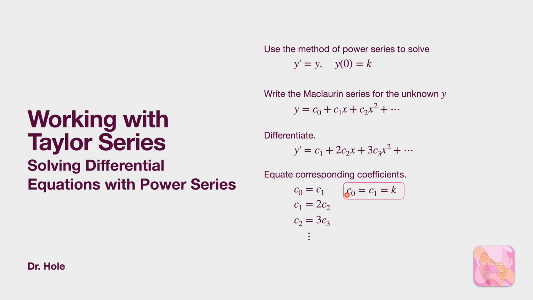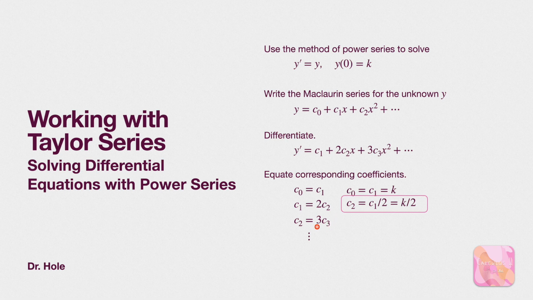We have the coefficient C0, and we also have the linear coefficient C1. Now let's find information on the quadratic coefficient C2. So let's solve for C2 to get that to be C1 over 2, or in other words, k over 2, by plugging in the previous line. Same story in the next line. Now that we have the quadratic coefficient, let's find the cubic coefficient.